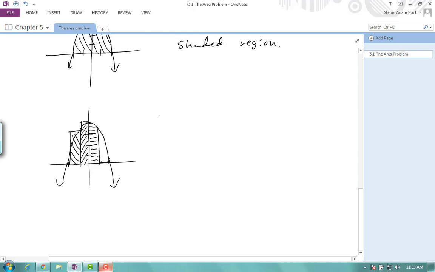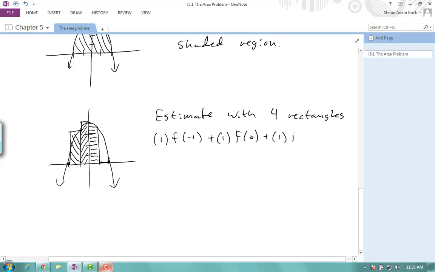So the total area of these rectangles is, each rectangle is of width 1, and the height of the first rectangle is actually f of negative 1. So I'll have 1 times f of 0 plus 1 times f of 1 plus 1 times f of 2. But f of 2 is just equal to 0. So what do I have here? I have 1 times f of negative 1.